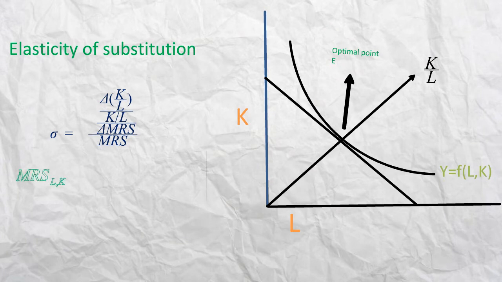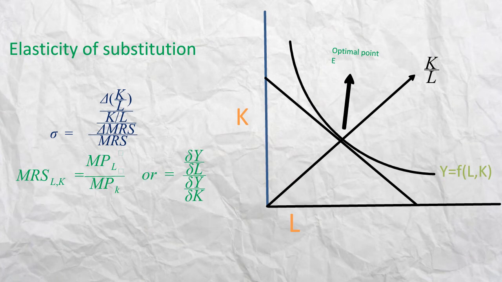MRSLK is equal to the marginal product of labor divided by the marginal product of capital, or the partial differentiation of our production function with respect to labor divided by the partial differentiation of our production function with respect to capital.